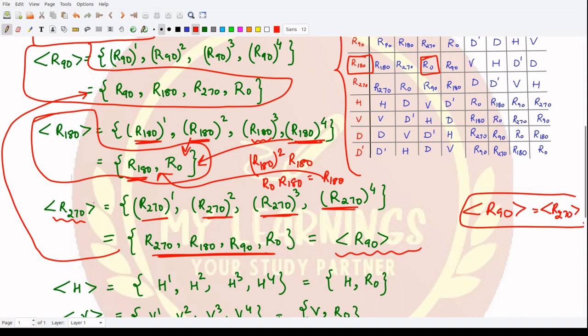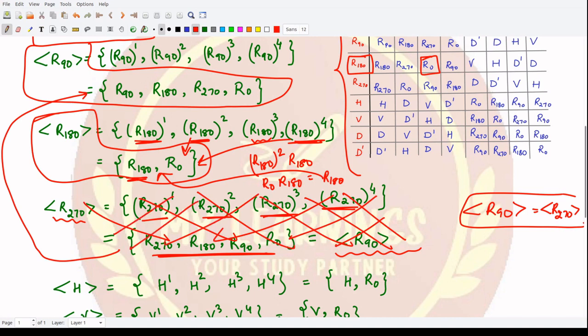Hence we will not take this case because it would just be a repetition of the subgroup we have obtained earlier, correct? Okay, what about the subgroup generated by H?